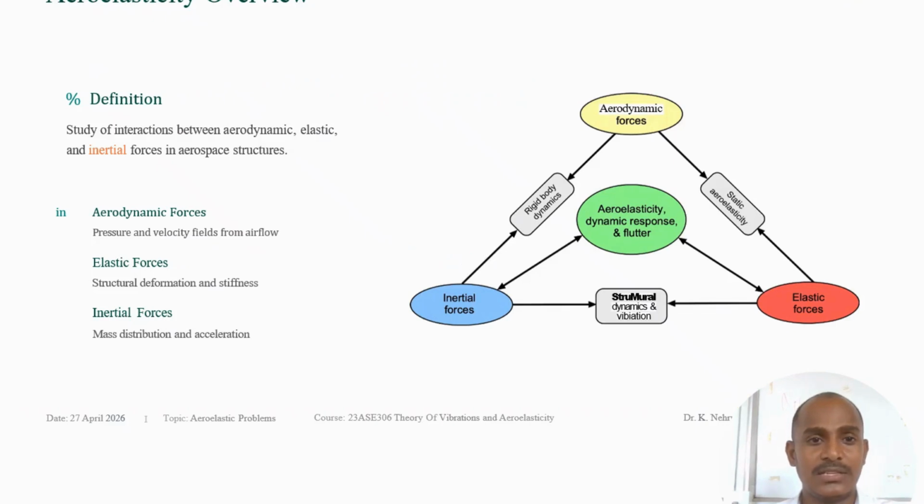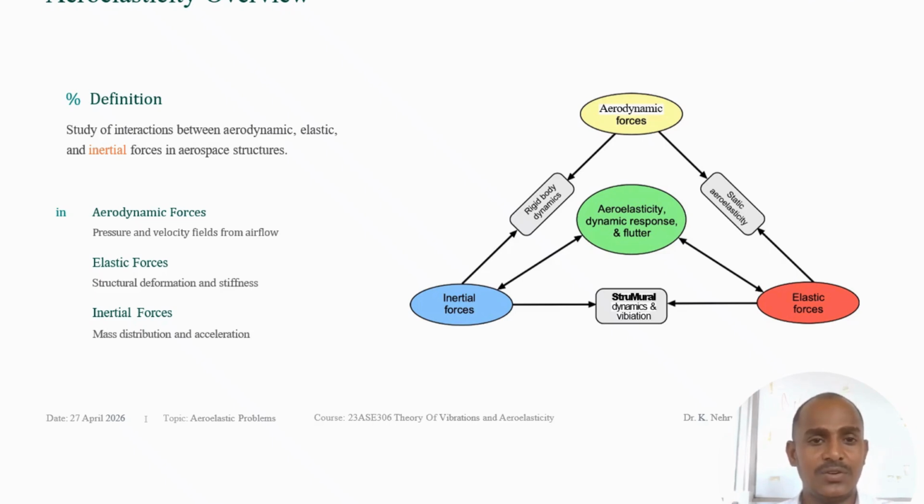Aeroelasticity is the study of the interaction between aerodynamic force, elastic force, and inertial force acting on aircraft structures. Aerodynamic forces come from airflow pressure and velocity around the wing. Elastic forces are related to structural stiffness and deformation.